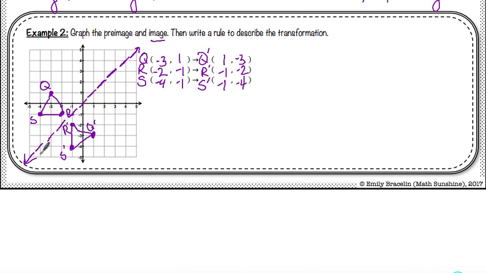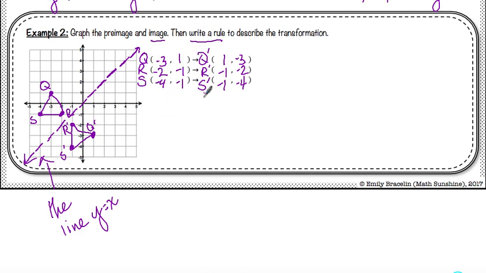This is a reflection over the line y equals x. Okay, so this is the line y equals x. If you did not know that, it wouldn't matter. You can still answer the question. It says write a rule. So we're going to look at the actual numerical values of the points that were given.